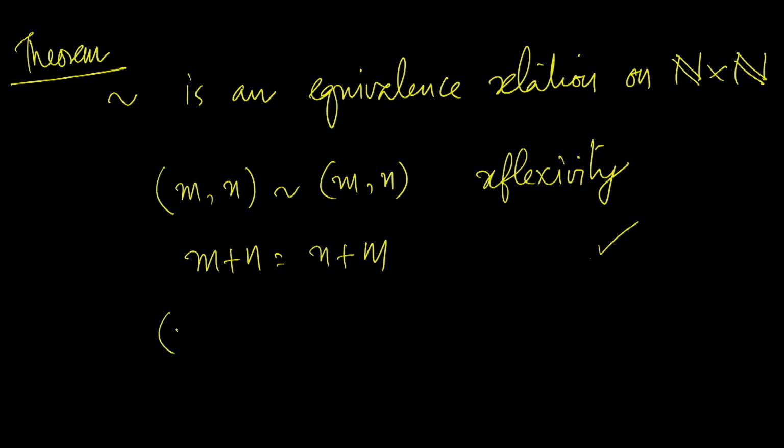For symmetry, we require that if the relation holds between (m, n) and (p, q), then the relation should also hold between (p, q) and (m, n).